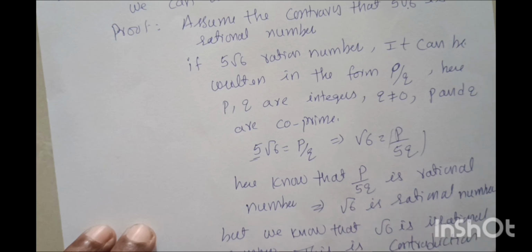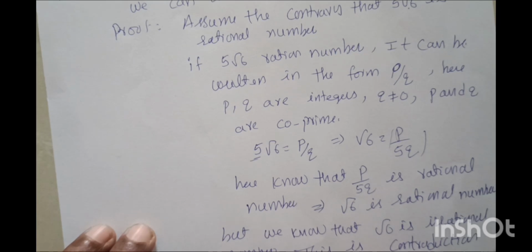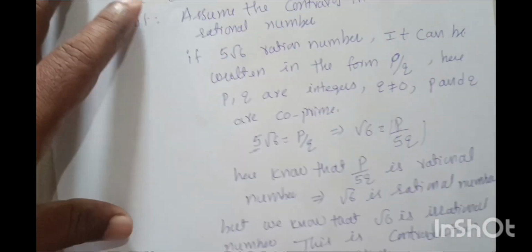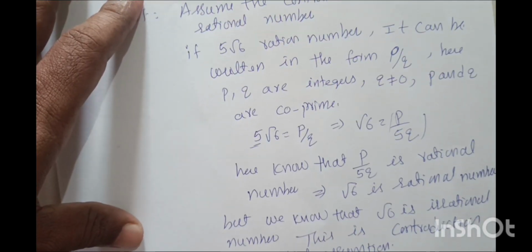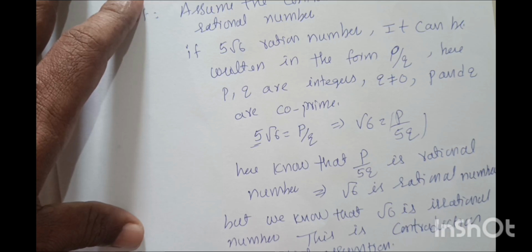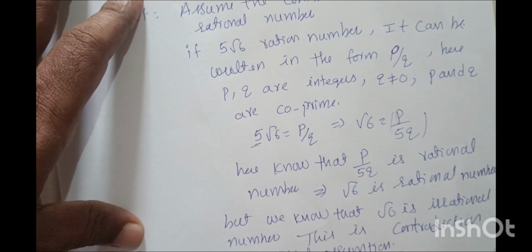Our initial assumption that 5 root 6 was a rational number must be false.